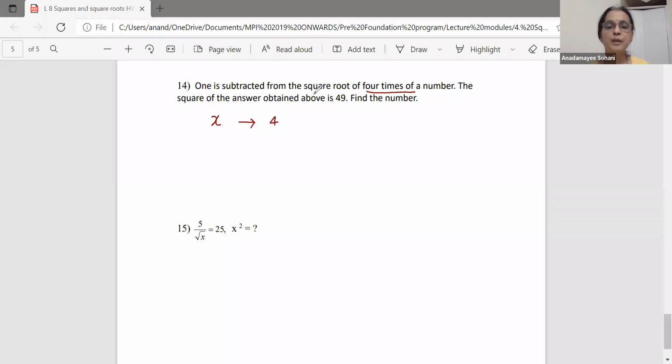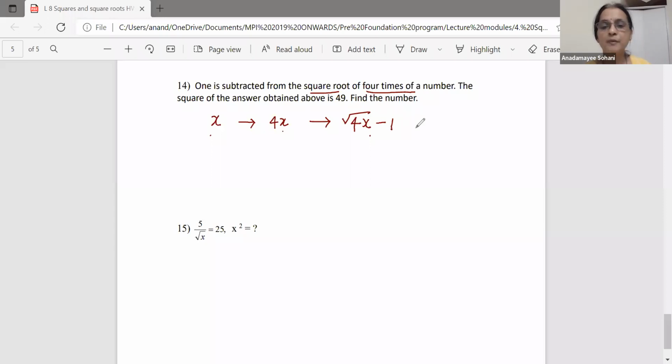And square root of 4 times a number, that will be square root of 4x. See, I'm just following the instructions. I'm subtracting 1 from the square root of 4 times a number. So this is my number, this is 4 times, this is its square root, minus 1. 1 is subtracted.